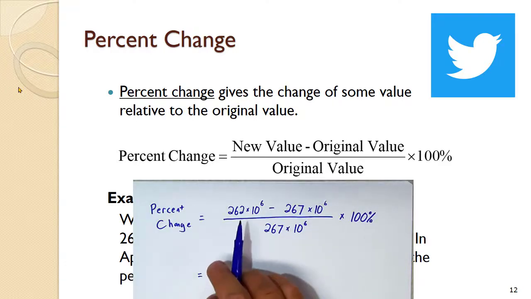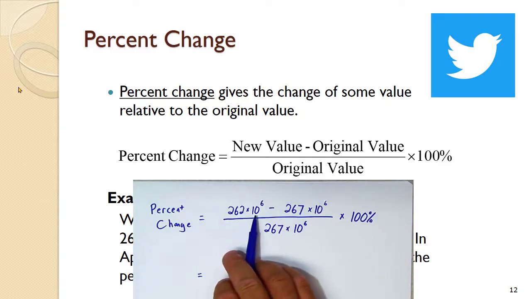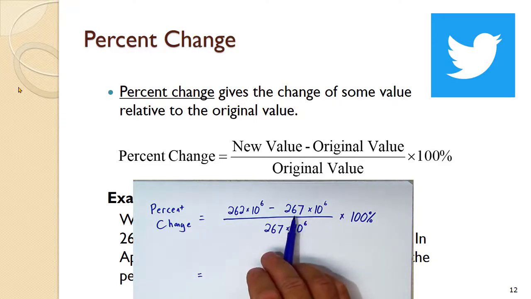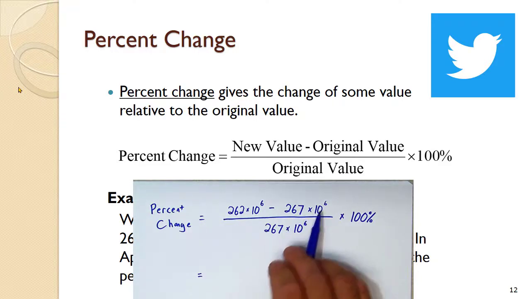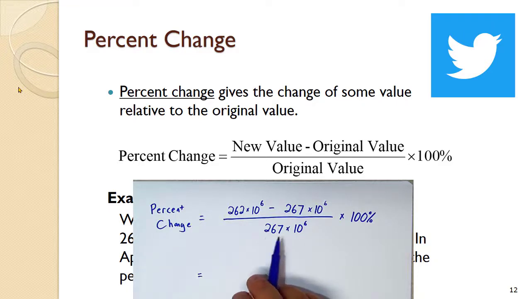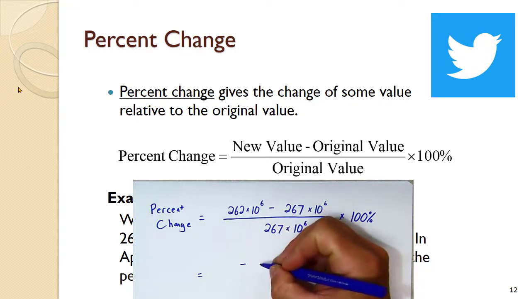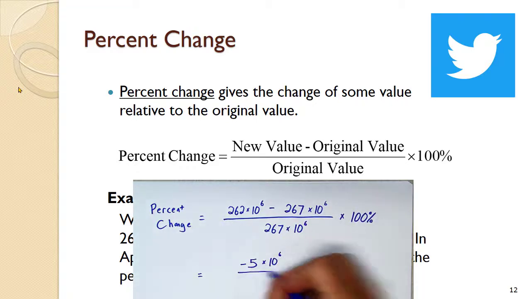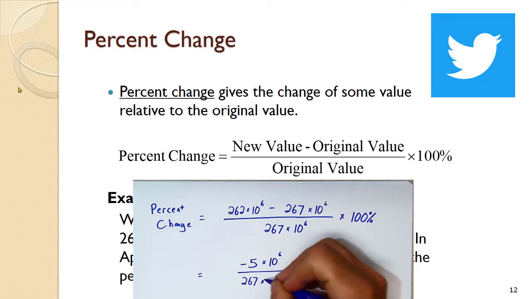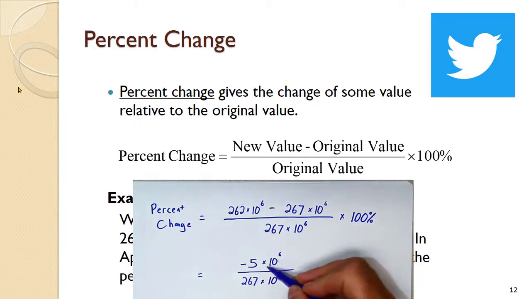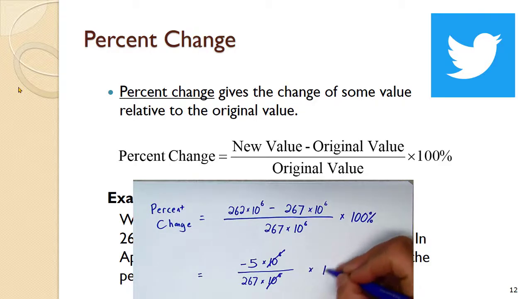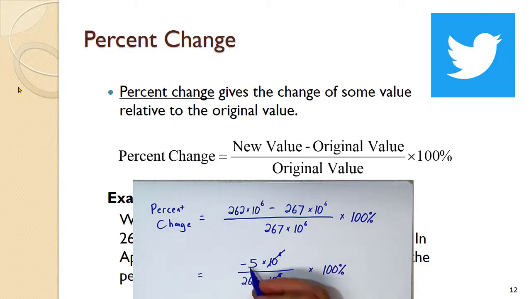And if we put in our new value of 262 times 10 to the 6th, or million, minus the original value of 267 million, and divide by the original value of 267 million, we can do that without too much trouble. 262 million minus 267 million, note that that's a negative number, so that's negative 5 times 10 to the 6th, or million, divided by 267 times 10 to the 6th. And since we're talking about millions in all these cases, those just cancel off. And so we have negative 5 divided by 267.